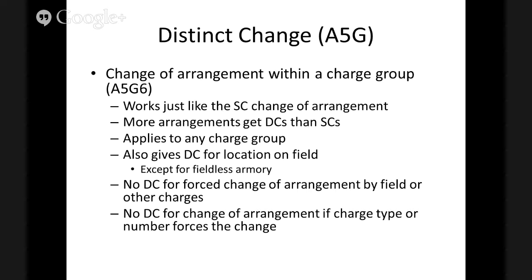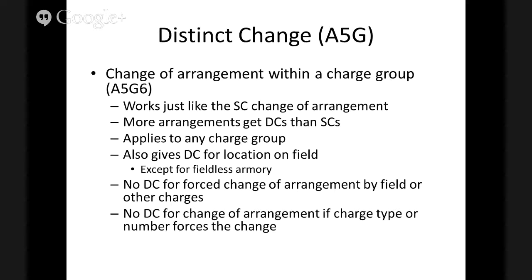All right? Change of arrangement. Again, this works just like the substantial change, but there are more arrangements that are allowed. Remember we had that list of magic arrangements for substantial change? Pretty much any change in arrangement gets you a DC. Only the magic ones get you a substantial change. It applies to any charge group. You also can get a DC for location on the field, which we'll see in a moment.